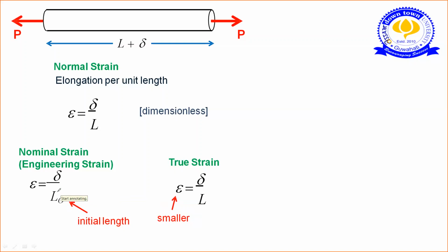Earlier we saw A naught and A. So same here, we'll change with L naught and L. L naught will be your initial length. L will be the length which we generally get after the deformation of the structure. So this will be a normal strain. In engineering purposes, we use this formula, change in length by the initial length, and this is your true strain.